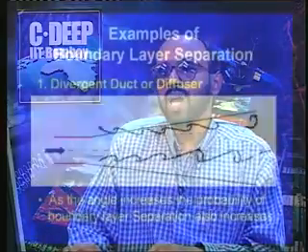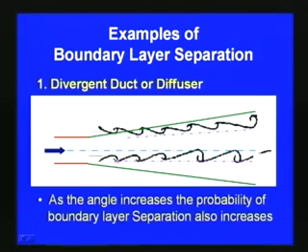Now we will discuss some examples of boundary layer separation. The first case is a divergent duct or diffuser. As we have seen earlier, the flow is coming like this and then there is a divergent duct, diverging like this, as in the case of a diffuser.